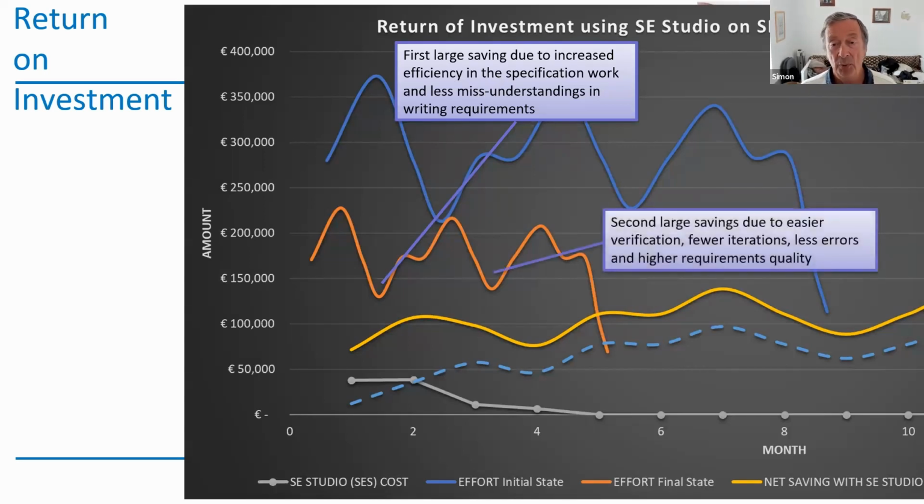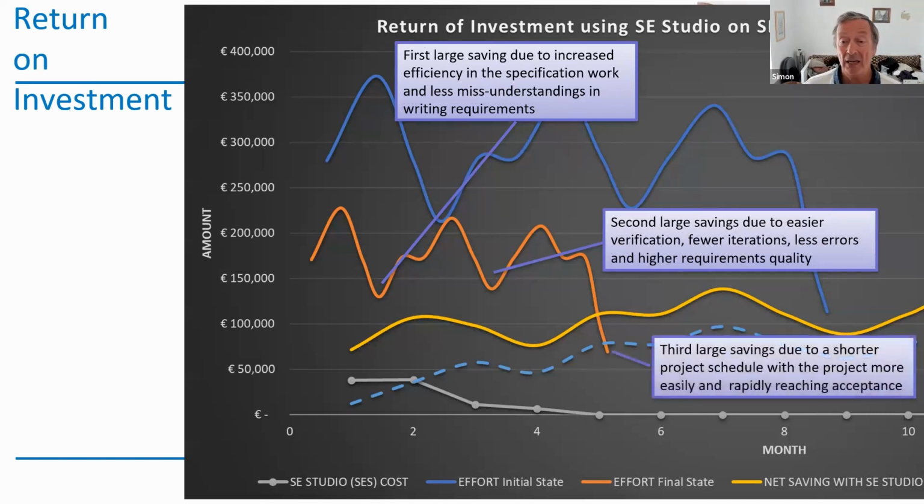There's another important kick here. Second large saving due to easier verification, fewer iterations. We started having to do a lot of iterations, but those plan, do, check, act, those sprints, if you like, they got a lot easier because we were building in higher quality requirements. And of course, we ended earlier because we didn't have all that rework to do.